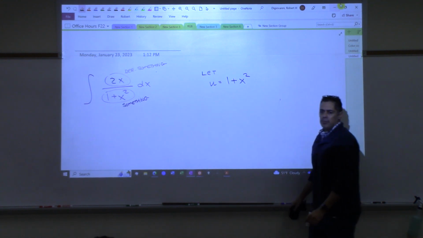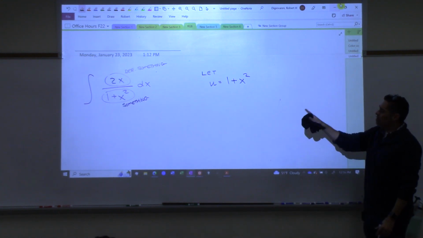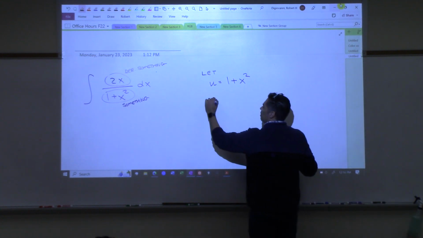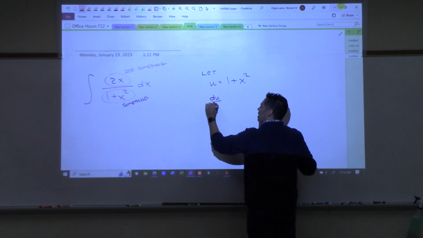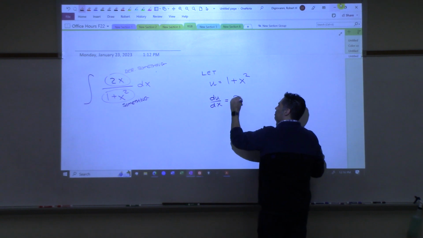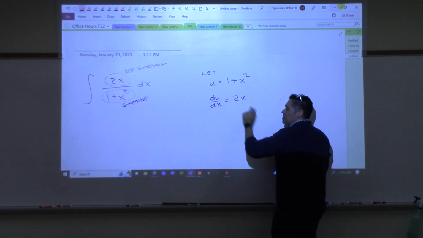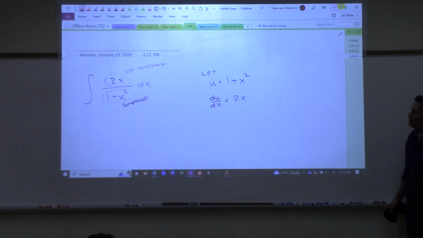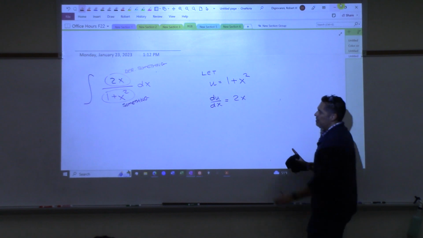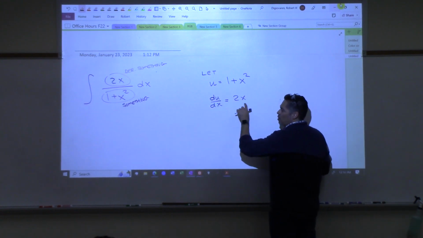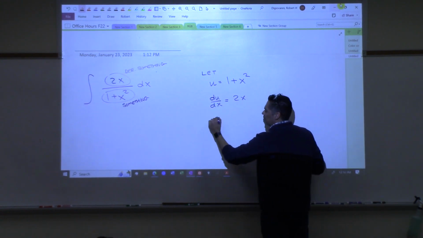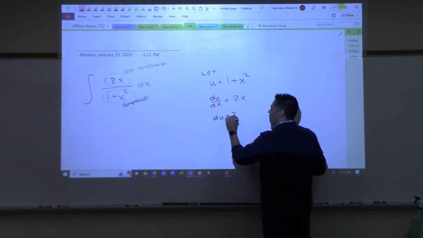Then I'm going to differentiate this implicitly with respect to x. So I take the derivative of u with respect to x, and that gives us 2x on this side. The next thing I'm going to do is get du by itself by multiplying both sides of this by dx.